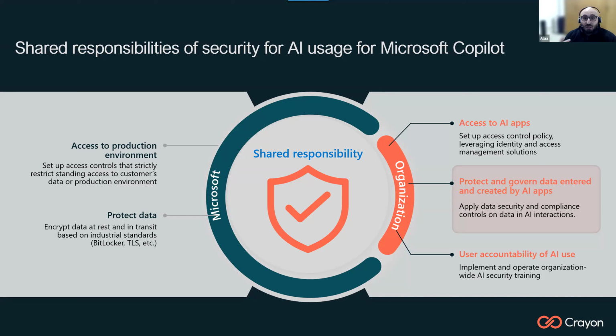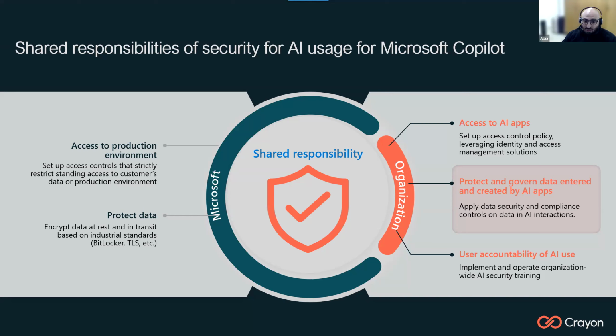On the other hand, businesses have the responsibility to configure access controls to determine who has access to Copilot and how to block risky users. Businesses also need to protect and govern data entered by and created by AI applications.